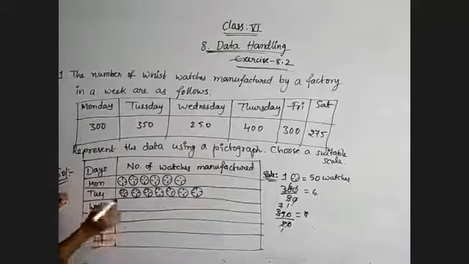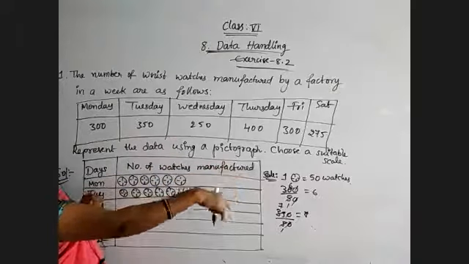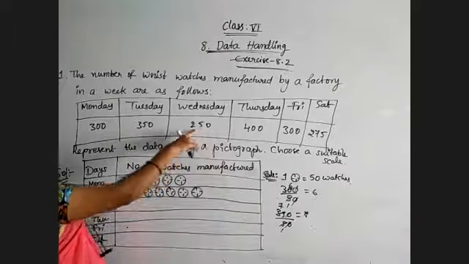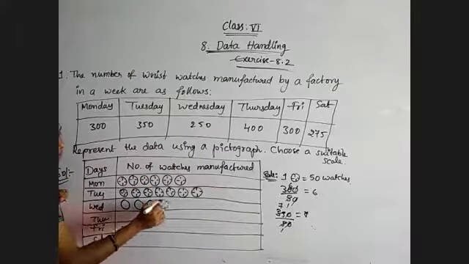7 watches. Okay. And to represent 250, 250 by 50, 0 0 will get cancelled. 5 5s are 25. 5 symbols I have to draw. 1 2 3 4 5.